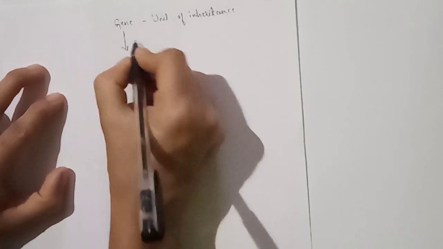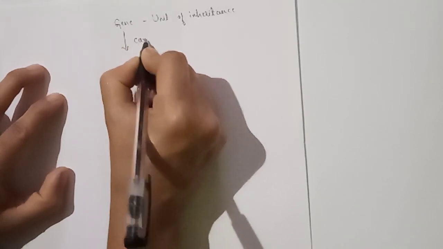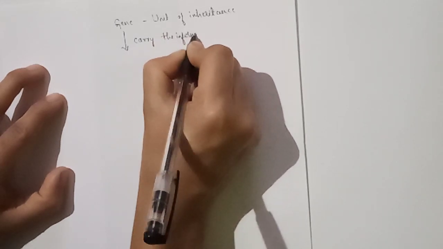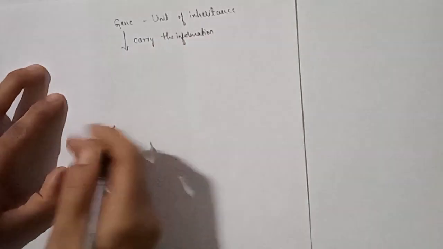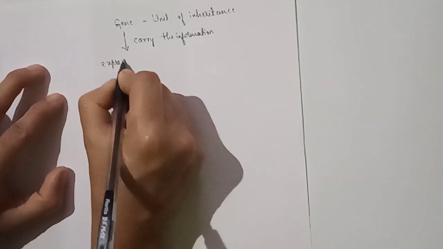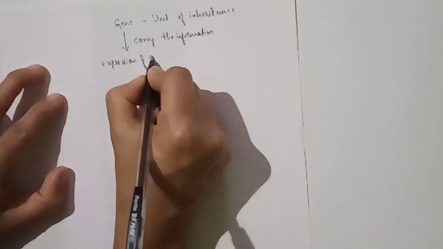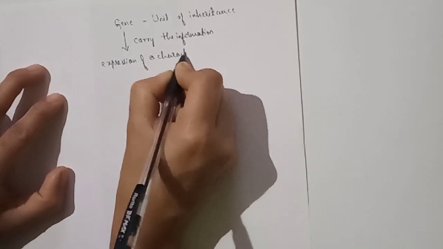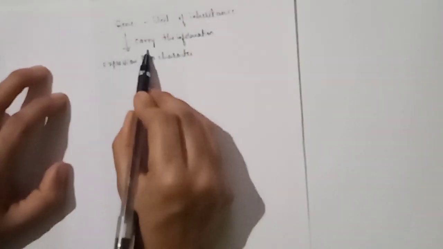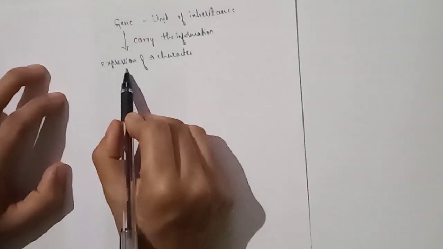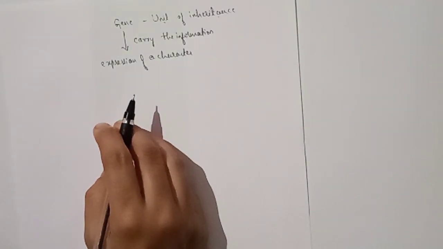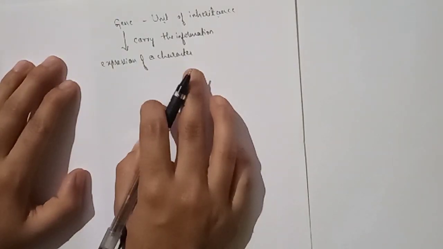This gene carries the information for the expression of a character. So, gene is the unit of inheritance which carries the information for the expression of a character.